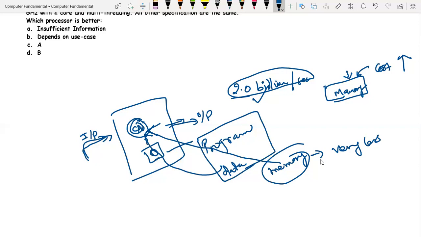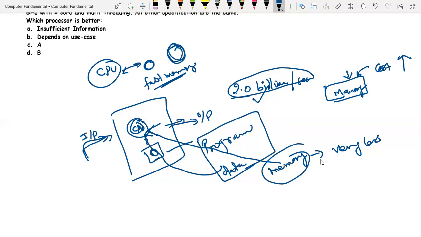The solution developed like this. You have a CPU. I give you a small amount of fast memory, whose speed matches your CPU speed, and then a larger memory but with smaller speed. This is the first level of memory, and this is the second level of memory.